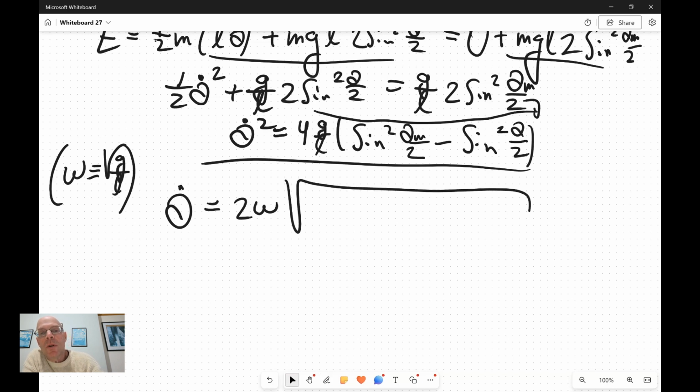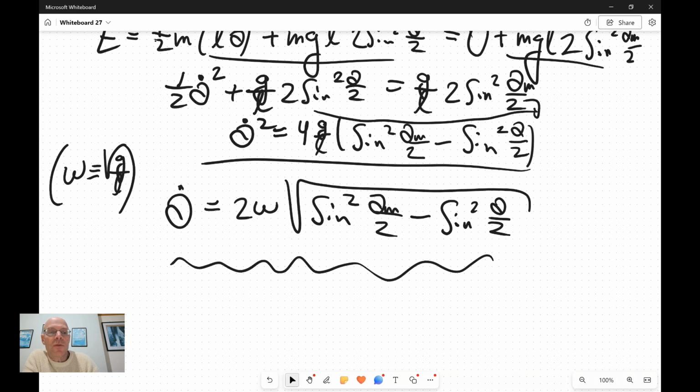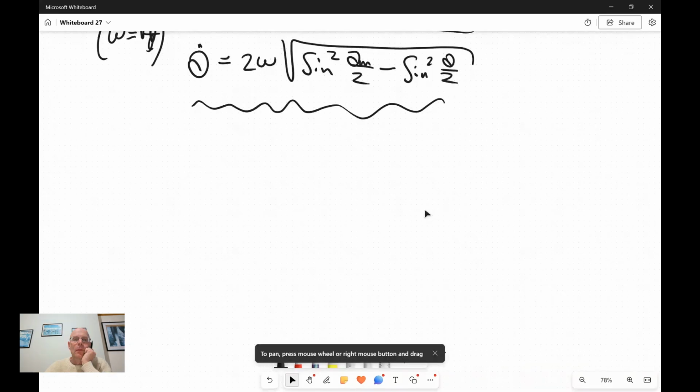Square root of sine squared theta max over 2 minus sine squared theta over 2. And now let's see how this relation helps us to find the period. Okay, so now it's kind of straightforward.